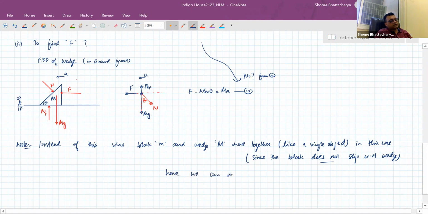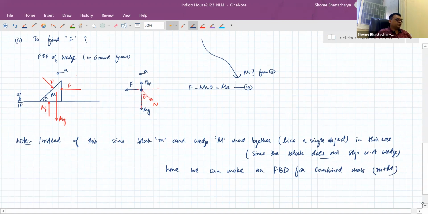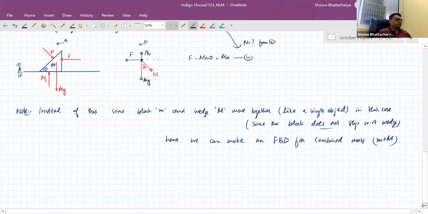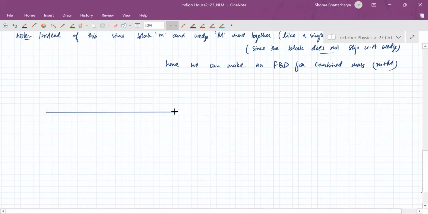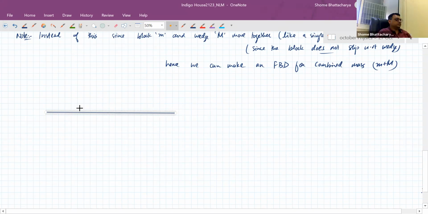we can make an FBD for the combined mass of the block plus the wedge. So we make an FBD for the combined mass of the block plus wedge. Then I'll bring you back to the earlier page, but then the advantage you'll understand is that we don't need to consider that normal contact force, because now this is part of our system.